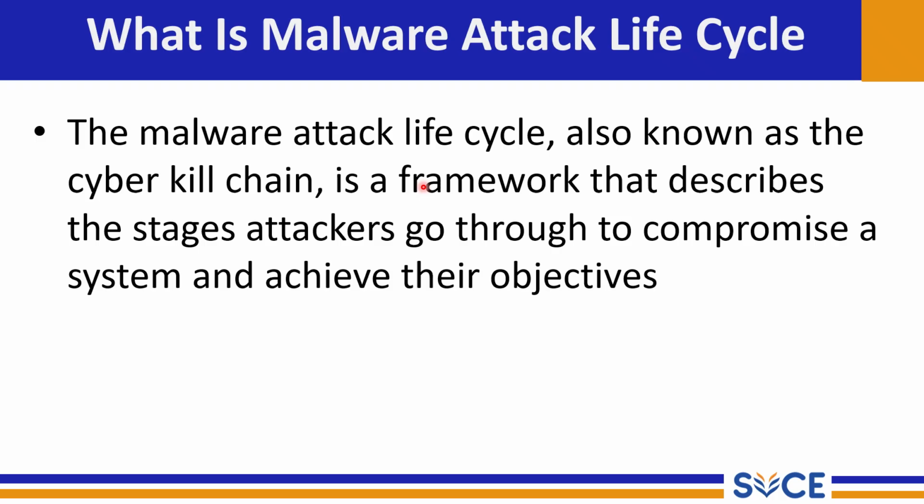So that is why this malware attack lifecycle is also known as the cyber kill chain, and it is a framework that describes the stages attackers go through to compromise a system and achieve their objectives.